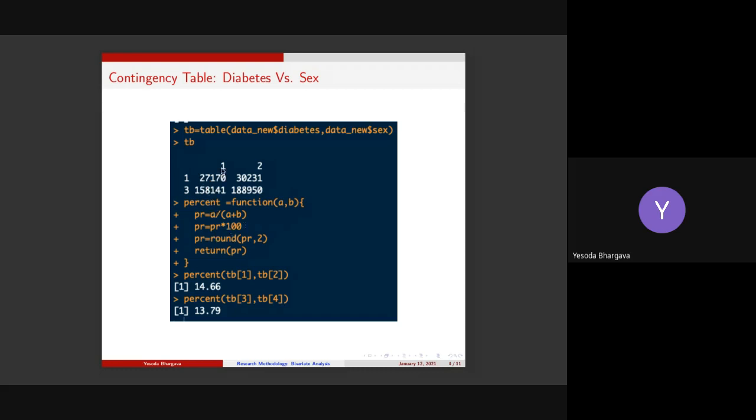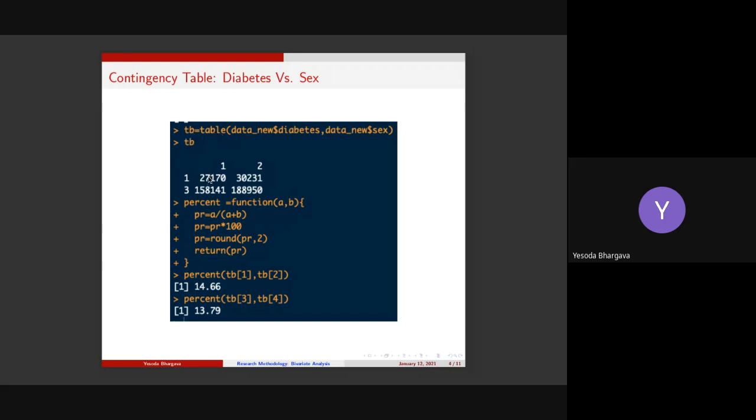So total people will obviously be this plus this, and the numerator will be 27,000. This is how I create the function, and I return the percentage after rounding it to two decimal digits. When I compute the percentage of males who are diabetic and call this function, TB1, in a table, TB is the identifier of this table.